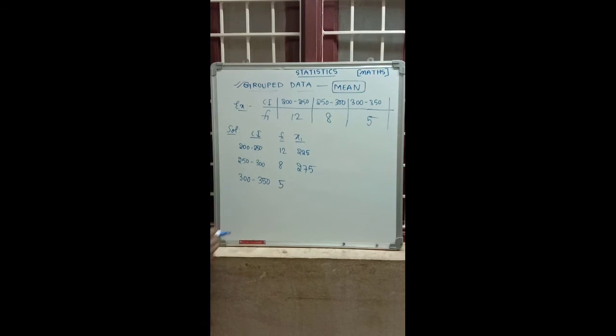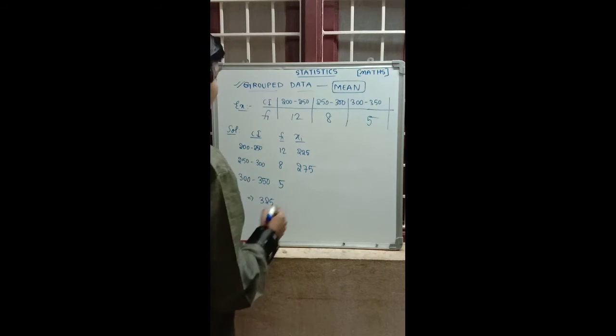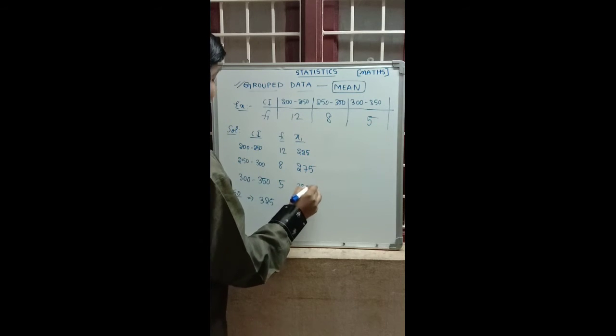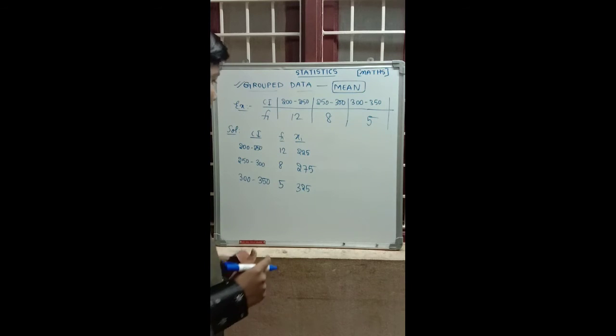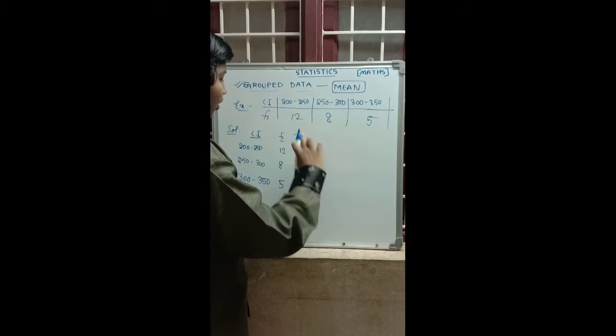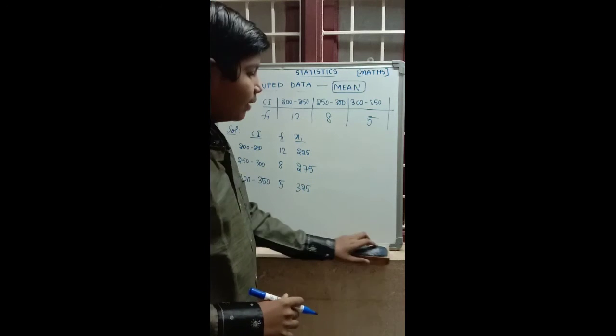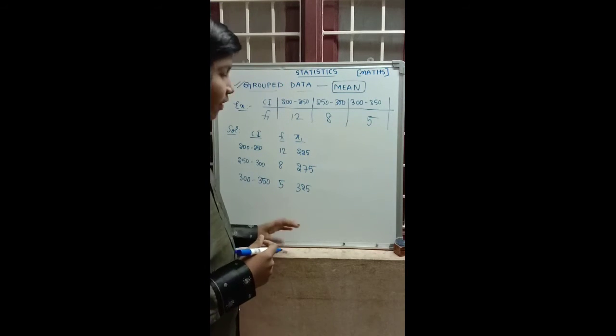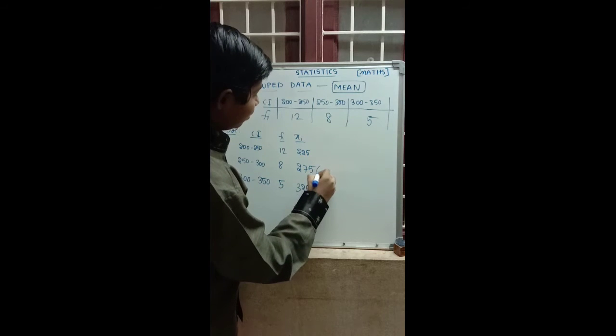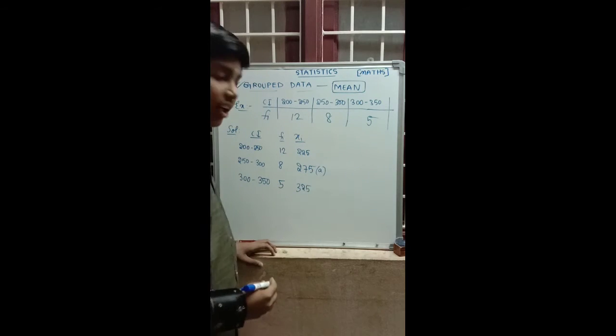For the last one, 350 plus 300 is 650, and 650 by 2 is 325. The xi value for the last one is 325. Now we take a as the assumed value. If the number of terms is odd, we can take the exact middle value. We can take any value and get the same answer, but I am taking the middle value.